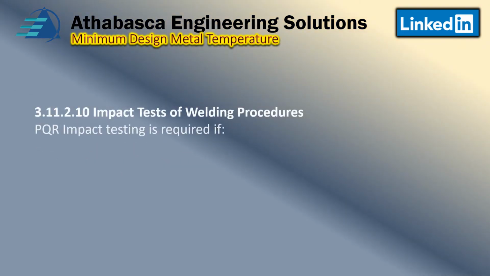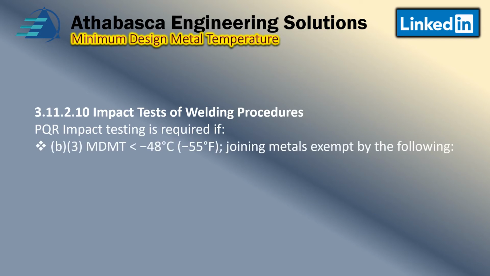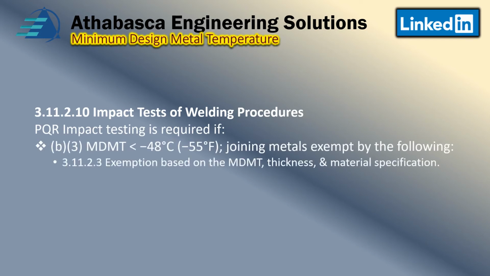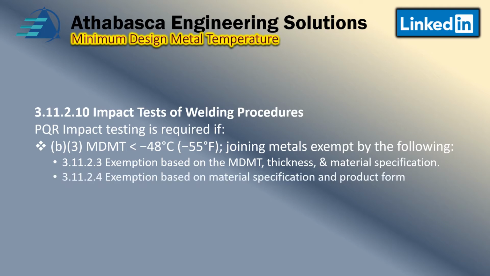Let's continue with the other reasons why we need impact testing. It's also required in B3 if the MDMT is less than minus 48 degrees centigrade. Joining metals are exempt with the following conditions. 311.2.3: exemption from impact testing based on the MDMT, the thickness, and the material specification.